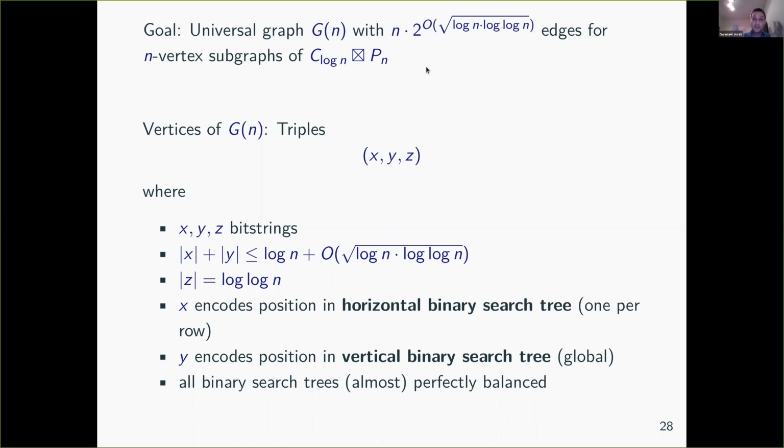And we want to embed G as a subgraph of our universal graph. And now I'm going to say a few words about how we do the embedding. And hopefully this will convey an idea of what kind of edges we need to anticipate in the universal graph. And hopefully you will get an idea that indeed there are not too many edges to anticipate. And indeed there is a way to only put a near linear number of edges.